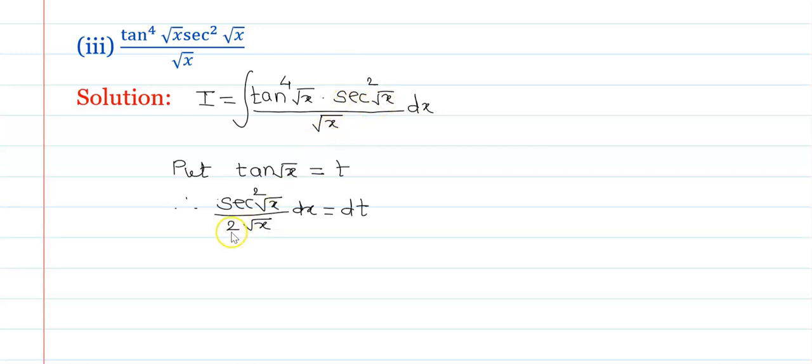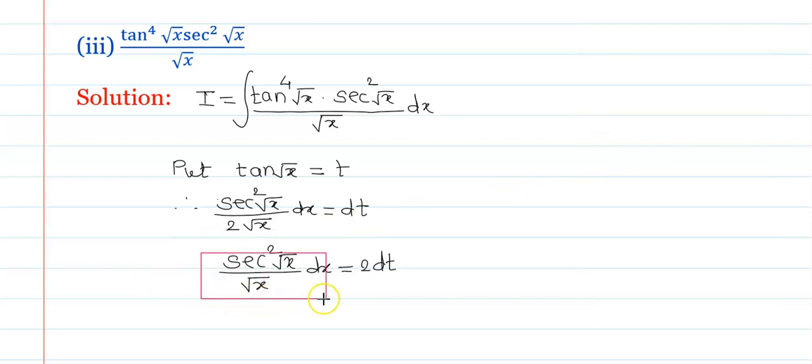Therefore transfer this 2 to the right hand side, and here you will get the correct value. Sec square root x upon root x into dx is equal to 2 dt. This is important now. Once you know this, your integral will be very easy.